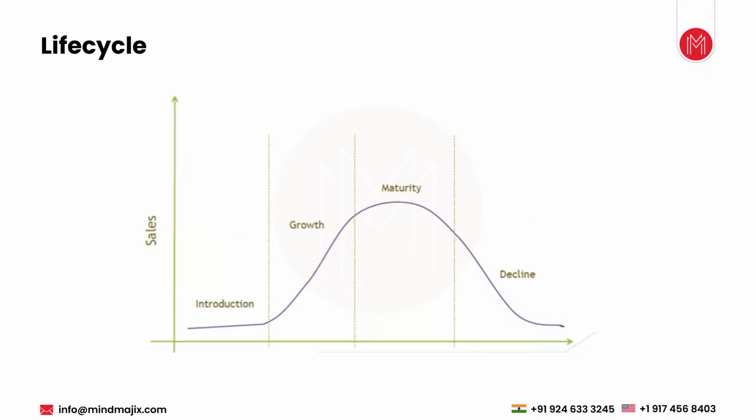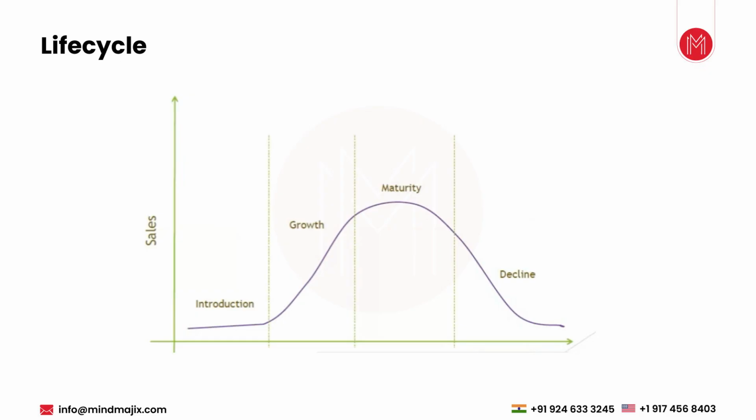So introduction, then growth, then comes maturity. Any product has this particular life cycle. Let's take the example of Maruti 800. It launched maybe in 1980, but till 2000 it was at the peak.